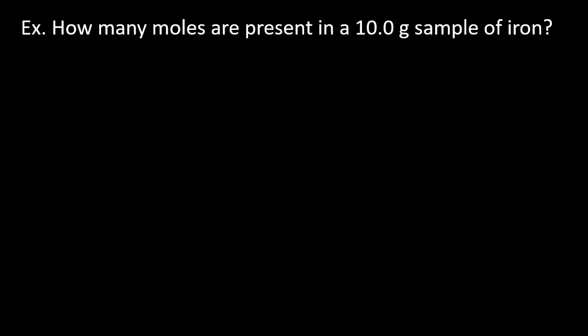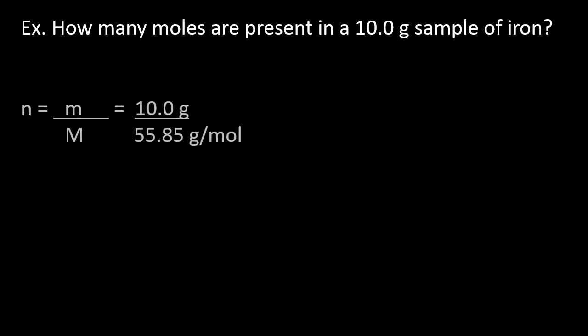Another example. How many moles are present in a 10.0 gram sample of iron? This time we're looking for the number of moles, so we're going to rearrange so that n is equal to lowercase m over capital M. 10.0 grams divided by 55.85 grams per mole. Again, that 55.85 we get off the periodic table.